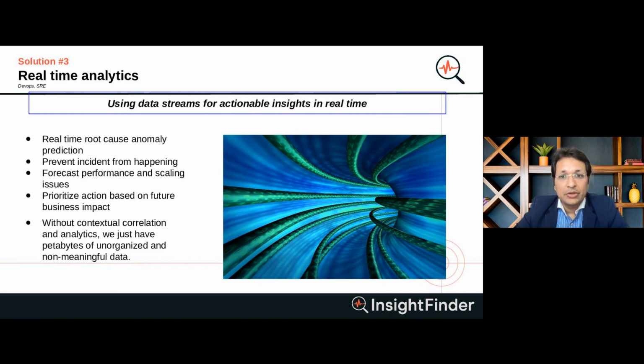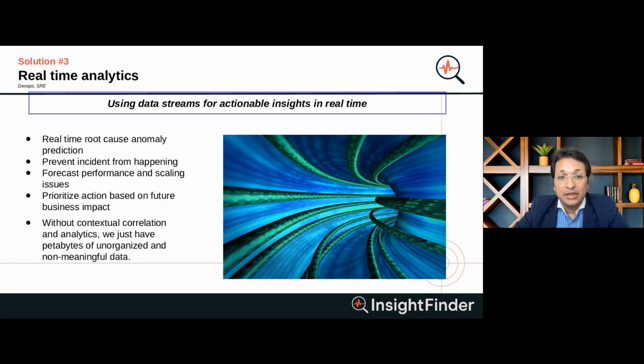Third, I would like to talk about doing all of this in real time. Real-time analytics is the most powerful thing when it comes to problems like this. A real-time data stream can help you generate the most accurate insights without any gaps.